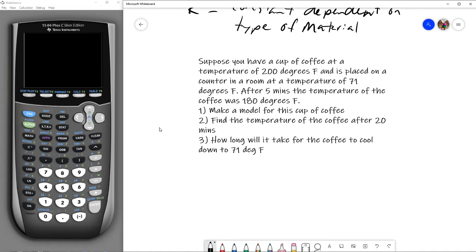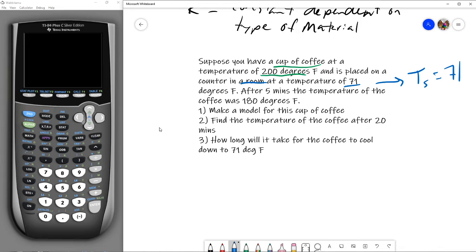So let's start with looking at what is given to us. So we have a temperature of 200 degrees. We're told that's a cup of coffee. And we're told it's placed on a counter. So room temperature's 71. So this tells us that T_S is going to equal 71.